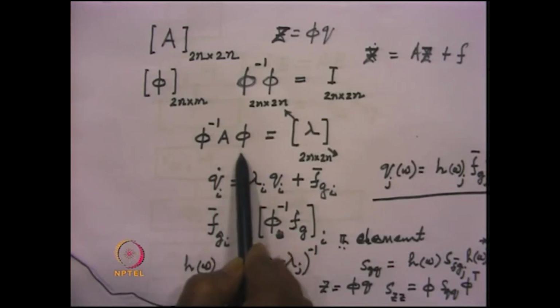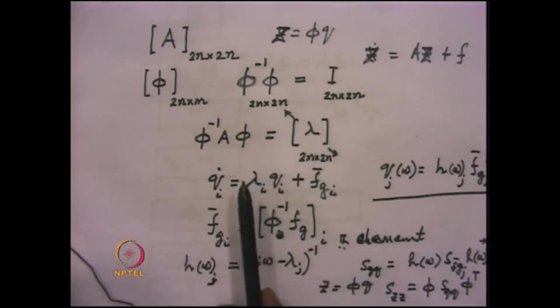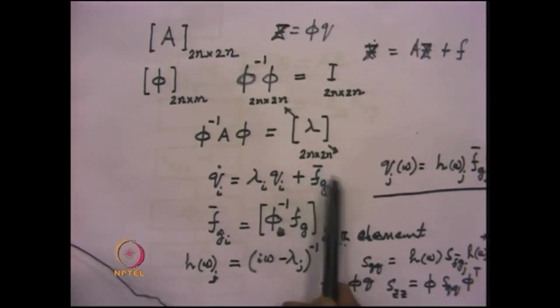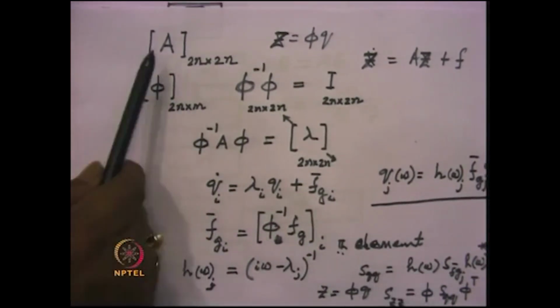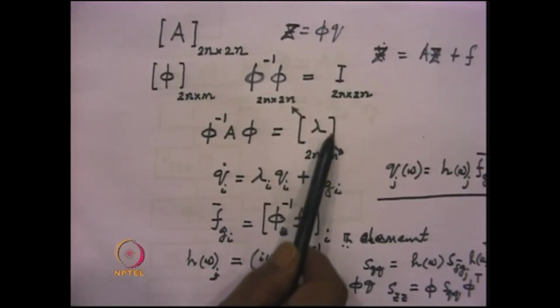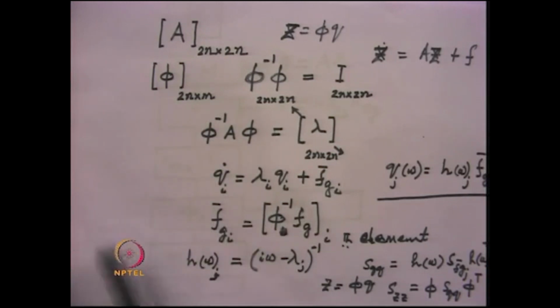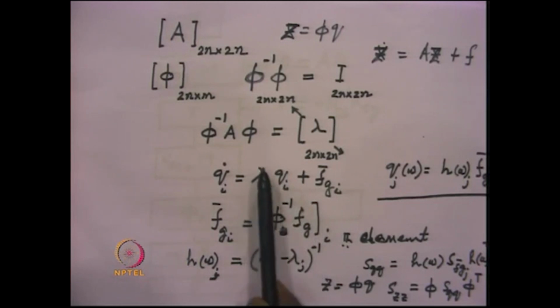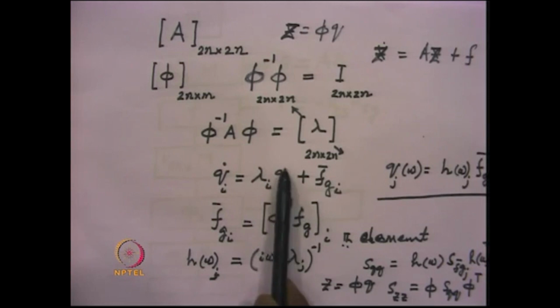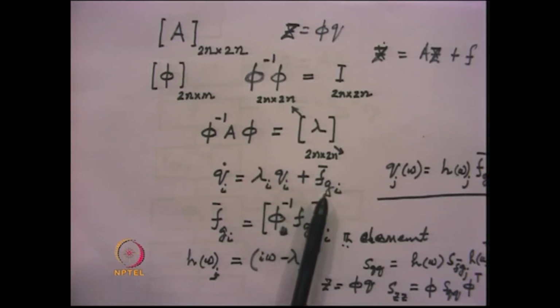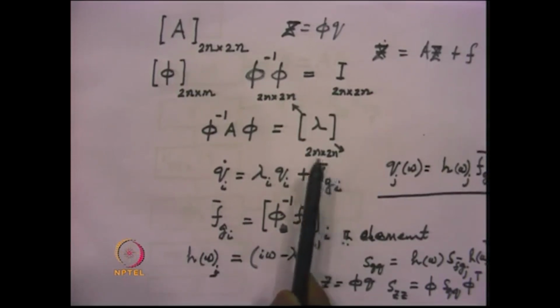So, phi inverse A phi is equal to a diagonal matrix of size 2n by 2n, and the diagonal terms are the eigenvalues of matrix A. Therefore, using this relationship phi inverse A into phi, we can decouple the equation of motion in this particular form, that is qi dot is equal to lambda i qi plus F bar Gi, where lambda i is the ith eigenvalue of the matrix A, and qi is the ith generalized coordinate, and F bar Gi is the ith generalized load.